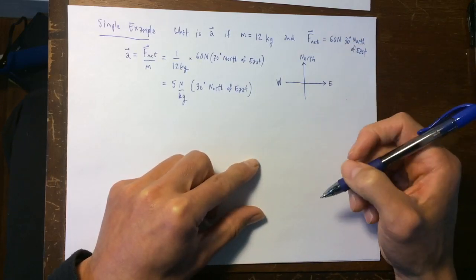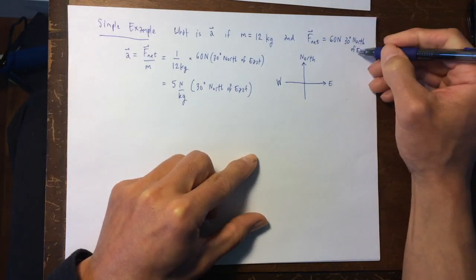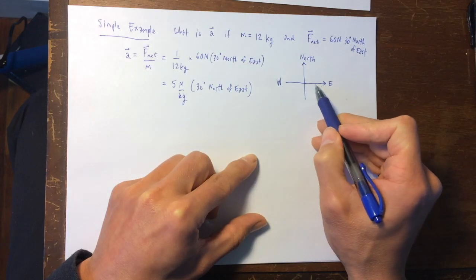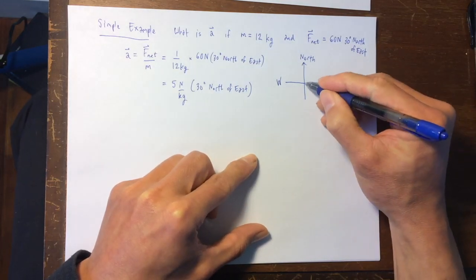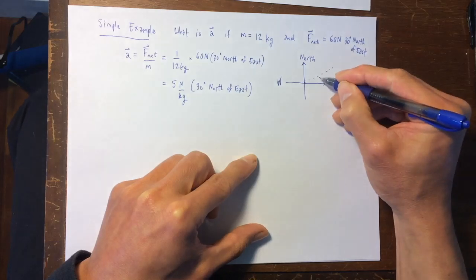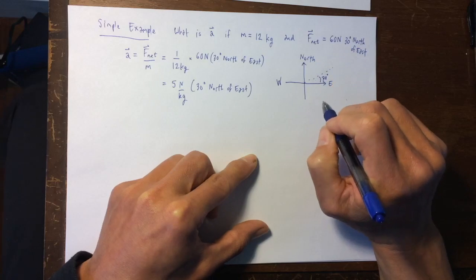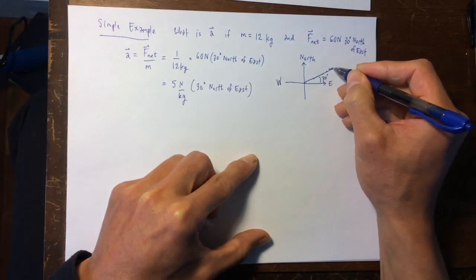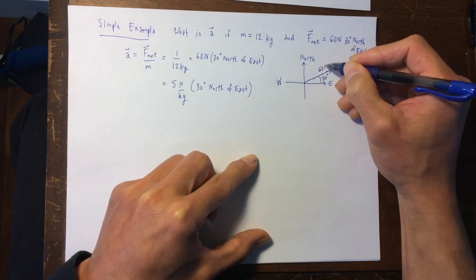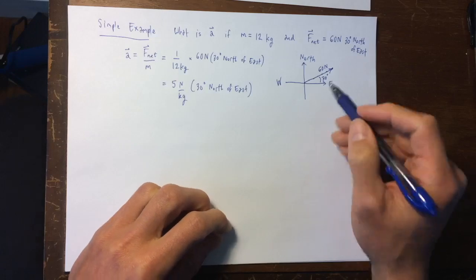And of course south is down here. The way you go 30 degrees north of east is, here is east, and we have to go north of it. So this is the direction that's roughly 30 degrees towards the north side of east. So our force vector is this 60 newtons long arrow at 30 degrees north of east.